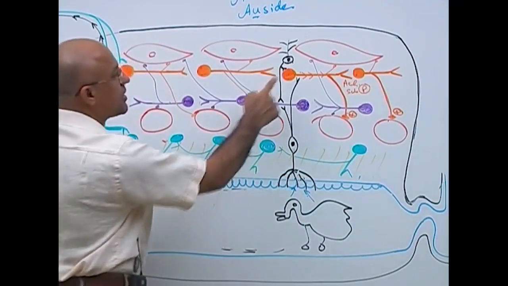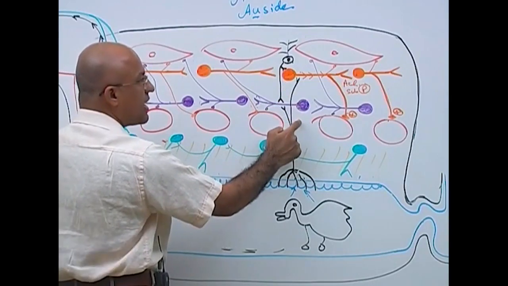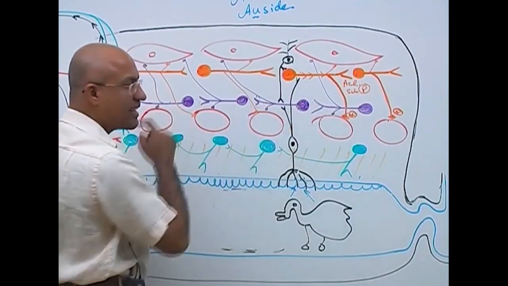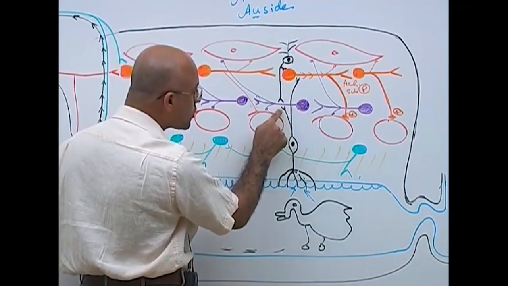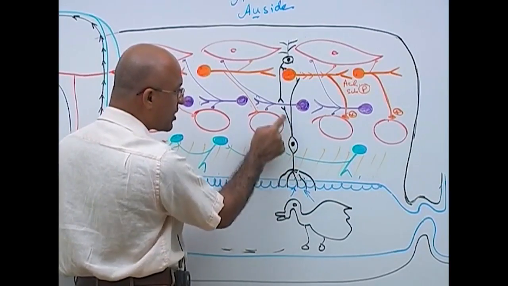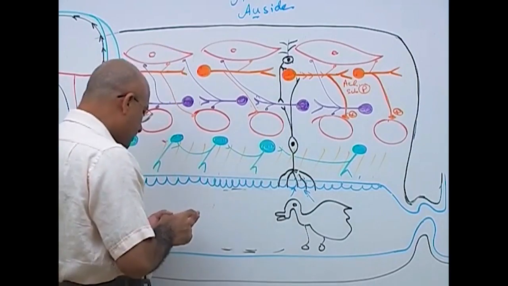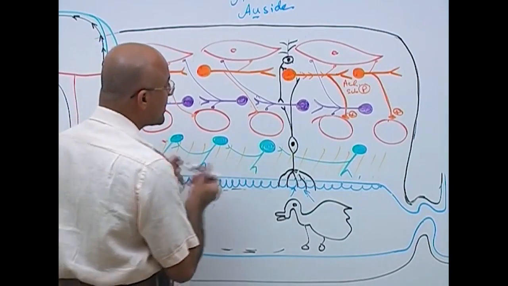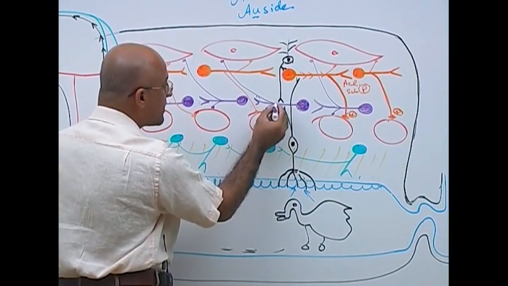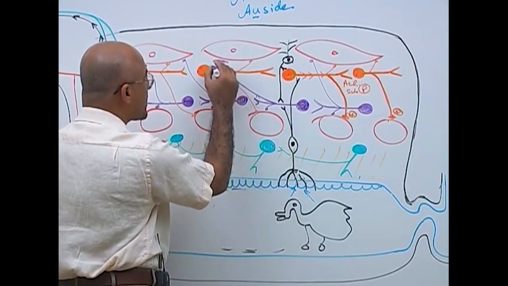At the same time, these sensory neurons have also stimulated descending neurons. The descending neurons are stimulated by mucosal stimulus as well as stretch stimulus. When they are stimulated, these descending neurons release neurotransmitters which are inhibitory.